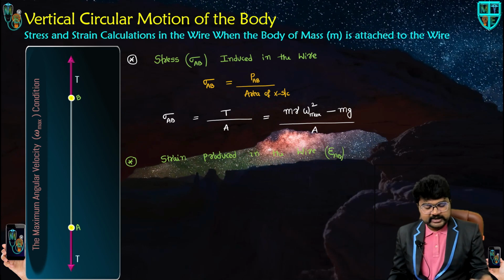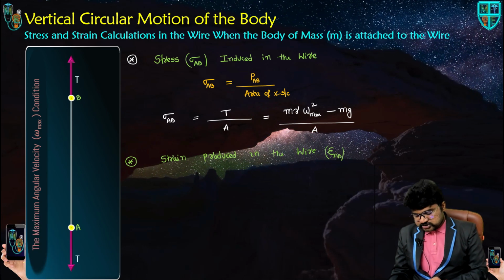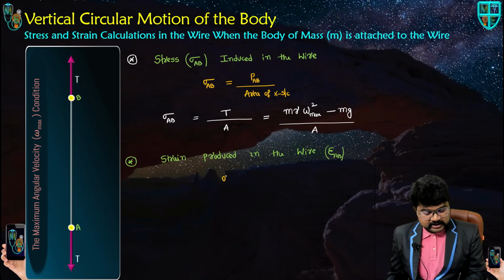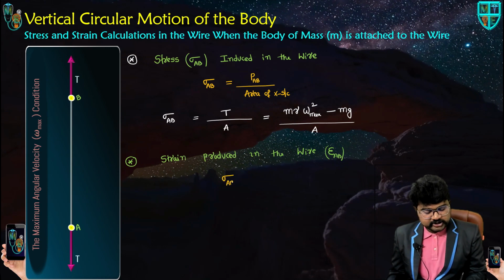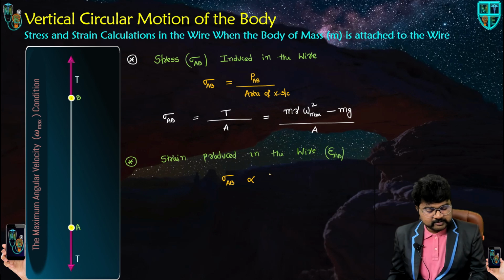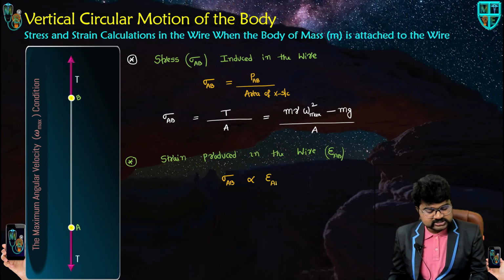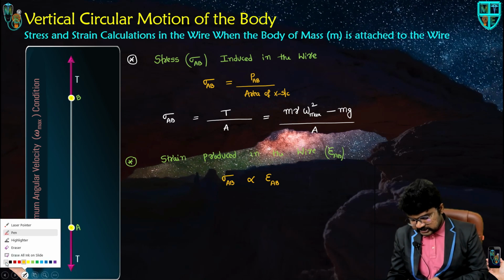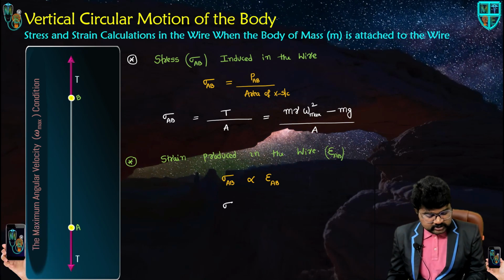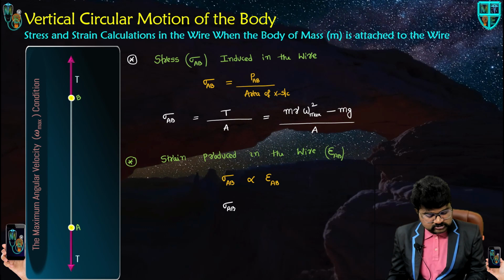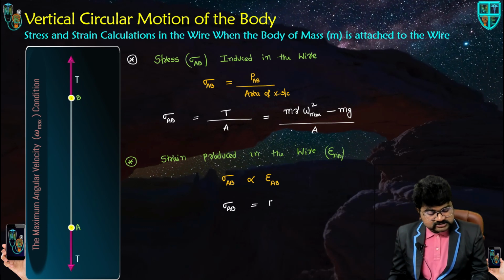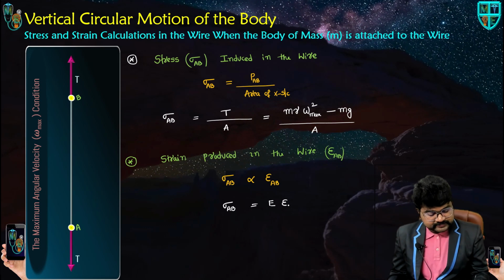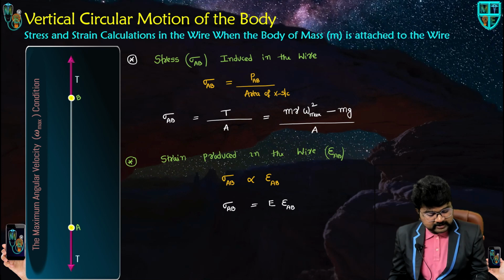We need to apply Hooke's law. Sigma AB, stress, longitudinal stress, is directly proportional to longitudinal strain. Hooke's law is valid up to the proportionality limit. Longitudinal stress equals Young's modulus E times epsilon AB.